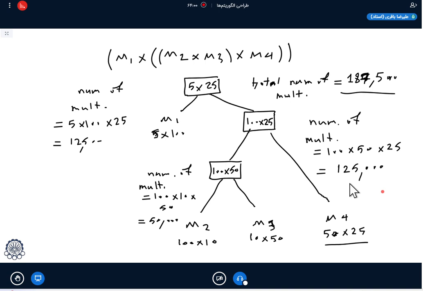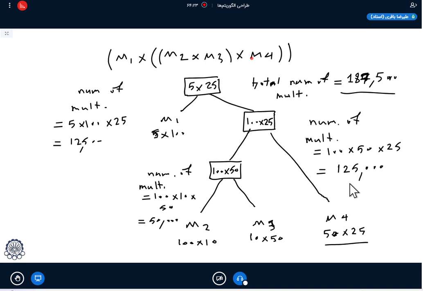Another student asks why we use parentheses. We must use parentheses. We do not have any other options. When you multiply some matrices, you do the multiplication in some order.